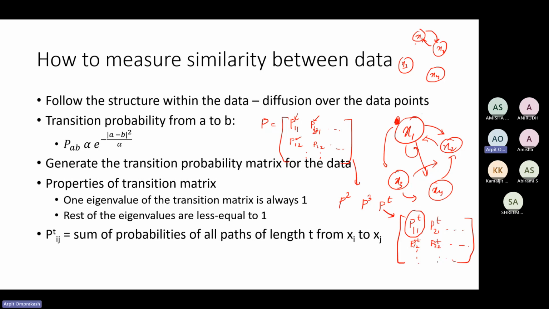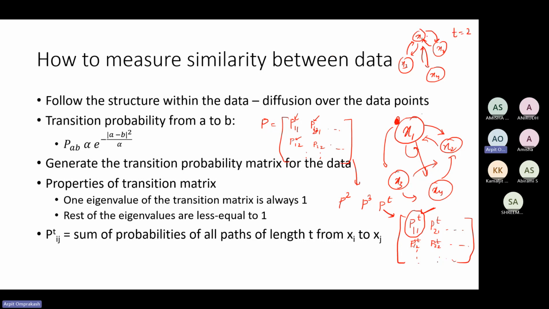What is another way to do that? We go from x1 to x3, then go back to x1. We go from x1 to x4, then go back to x1. So each of these will have some probability. The summation of all these probabilities is this value. So it basically tells you the sum of probabilities of all the paths of length t. So in this case, t was 2.